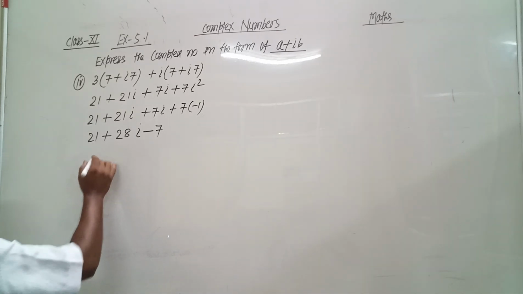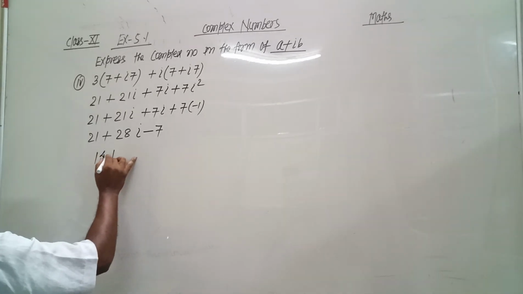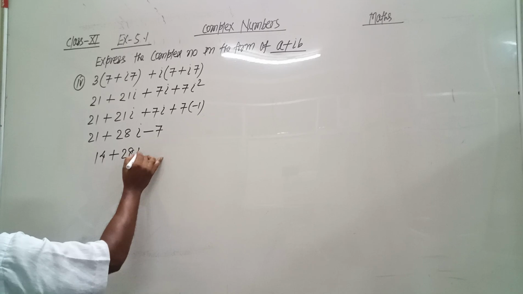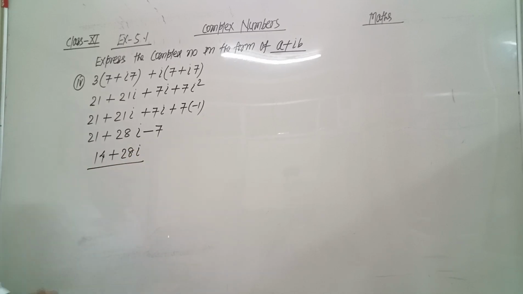Now 21 minus 7 is 14, so 14 plus 28i. This is the complex number written in the form of a plus ib, where a is the real part 14 and b is the imaginary part, which is 28.